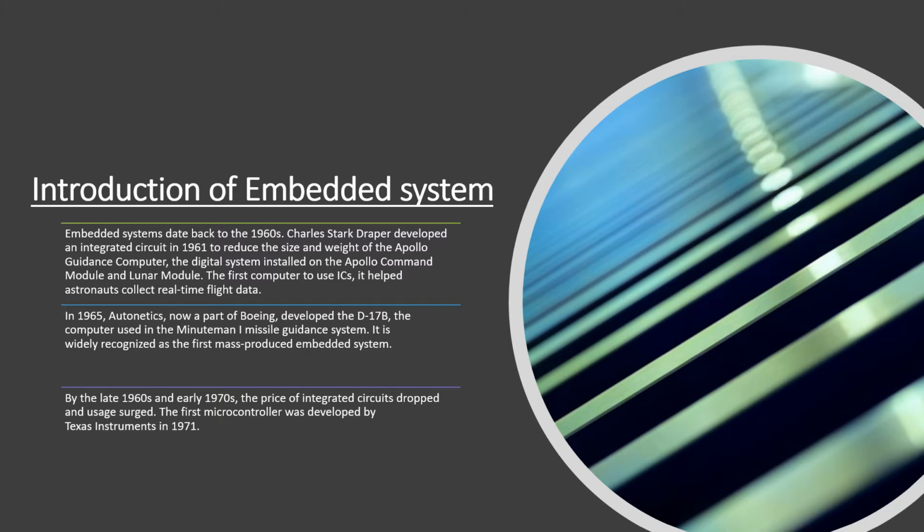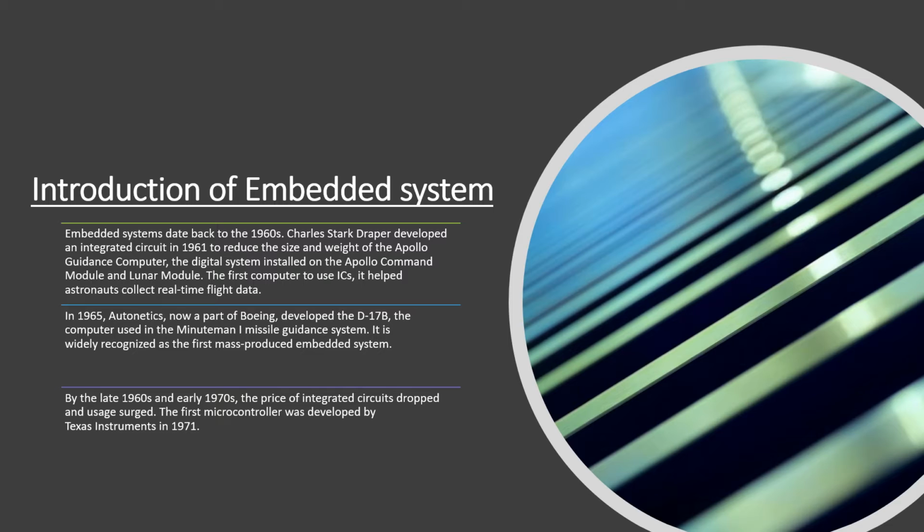Now the introduction, or history. It was introduced in the year 1960, and was used in the Apollo guidance computer. I'm not quite sure about it, but it was used in the first ICs for astronauts for their real-time flight data for transmitting and processing.